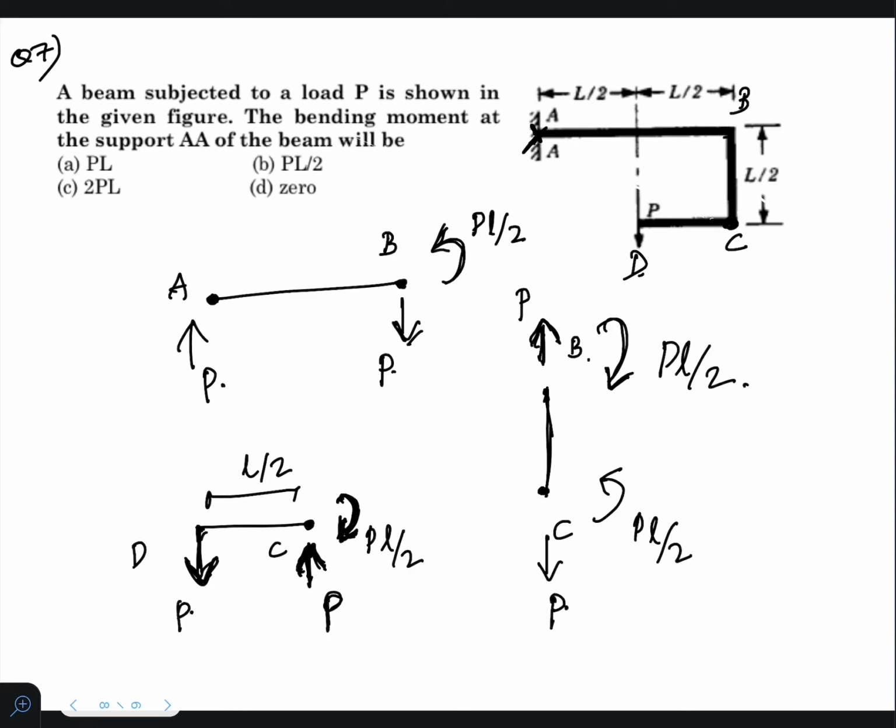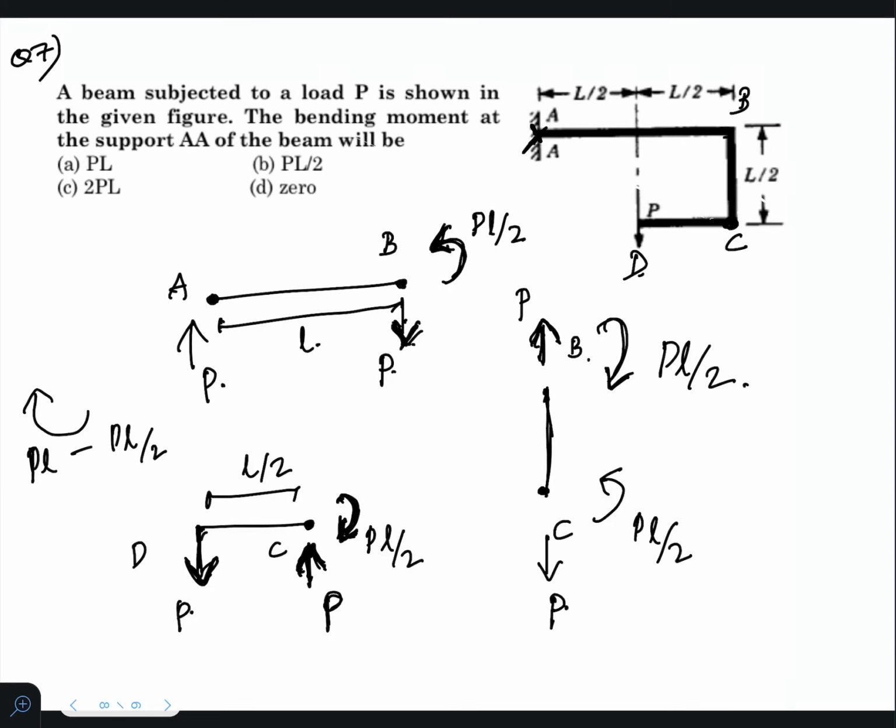and here the PL by 2 is there, but this distance is L. So PL moment is acting because of this concentrated load P. So we will have that moment in this way, PL minus PL by 2. That is the concentrated load, PL by 2.